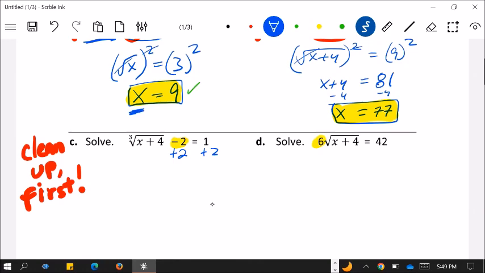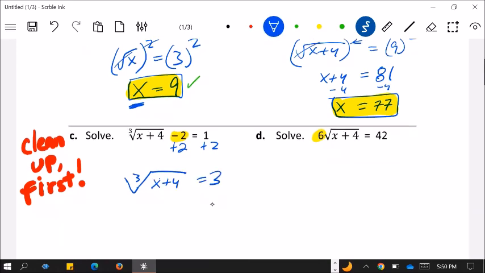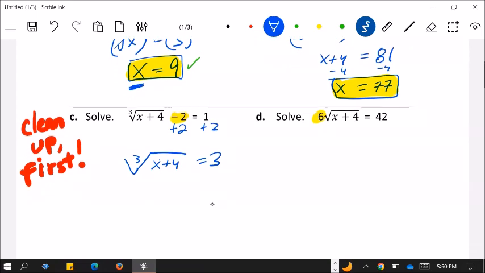And so we can do anything on one side of an equation, as long as we do the same thing on the other side. So now we have the cube root of x plus 4 equals 3. And now when I look at it, I can do a third power here, as long as I do the same third power here.